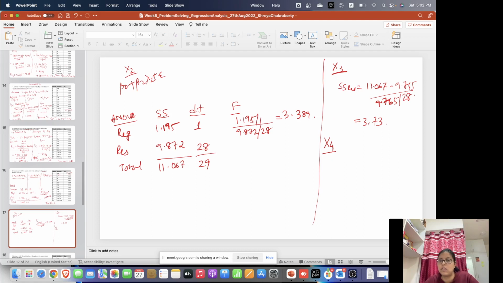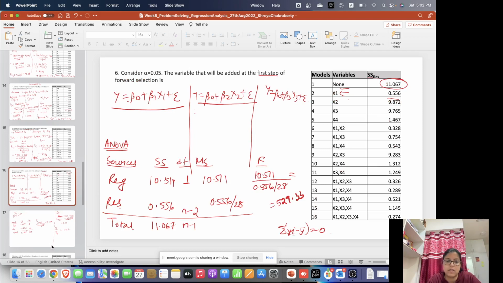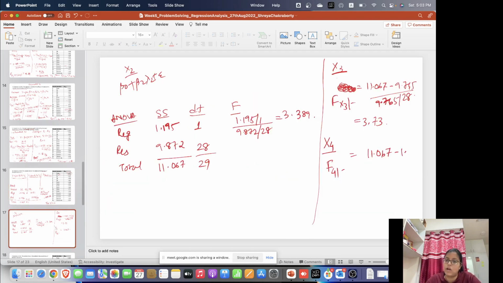Sorry, this is not the sum of squares due to residuals, this is the F for x3 when none is present. Again, F4 when none is present would be 11.067 minus 1.467, so 1.467 by 28, and this will be 183.23.